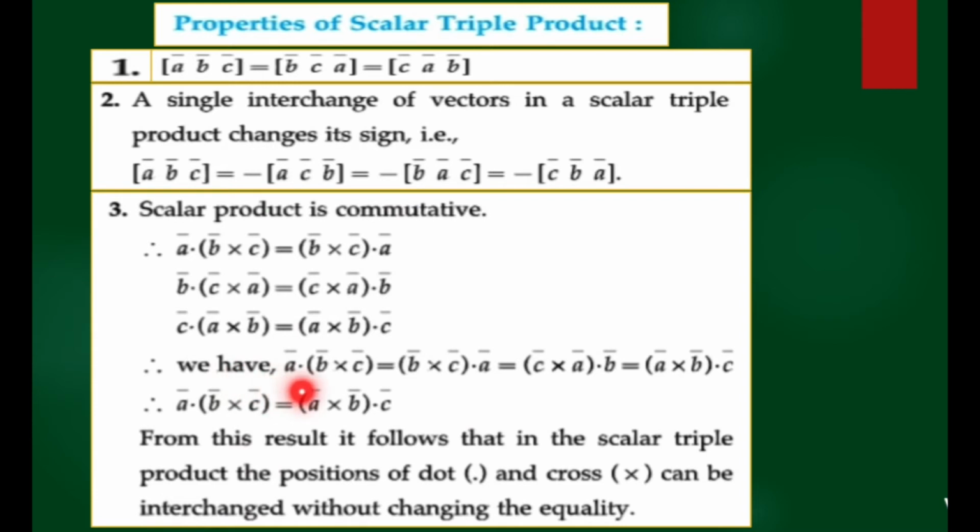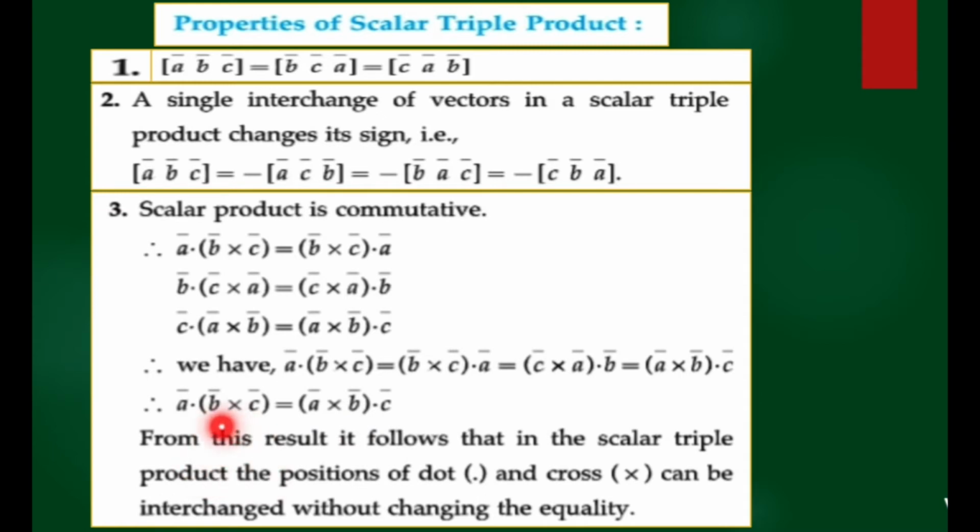We have A bar dot B bar cross C bar equals B bar cross C bar dot A bar equals C bar cross A bar dot B bar equals A bar cross B bar dot C bar. That means A bar dot B bar cross C bar equals A bar cross B bar dot C bar. That means we get the same scalar triple product.